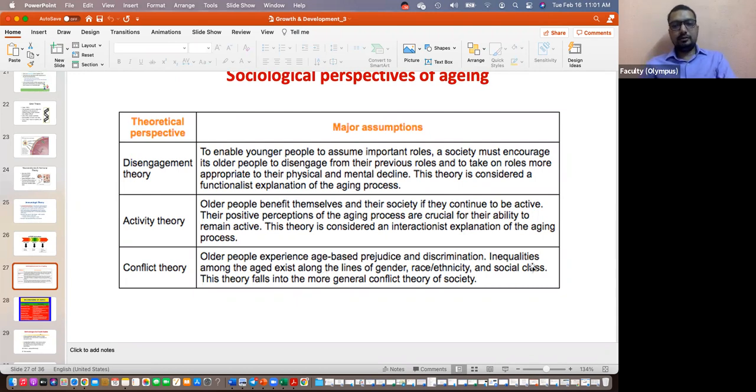So this leads to inequalities among the aged that exist along the lines of gender, race, and social class. Same as how we discriminate on gender, race, ethnicity or social class, age-based discrimination also happens in given societies. So in a way, this can be considered a more general conflict theory of society.